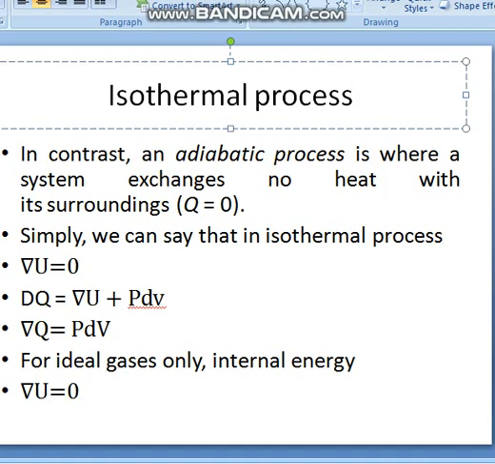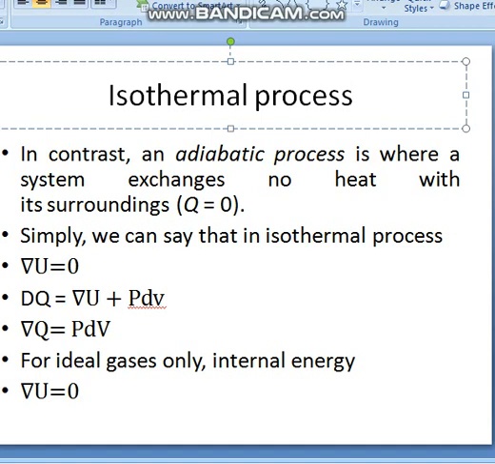The isothermal process is that process in which the temperature of the system under consideration is kept constant, or we can say that the internal energy of that system is not changing.